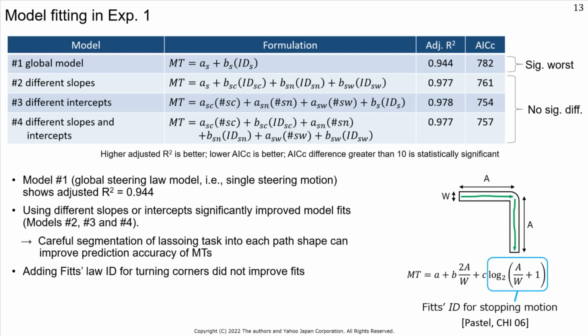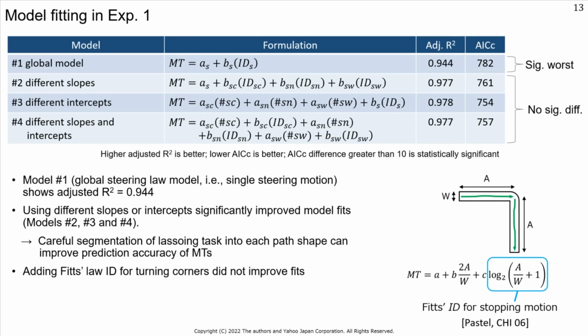This is a comparison of the 4 model candidates. We used adjusted R-squared and AICc values for the indicators of model accuracy. First, the global model of the steering law shows a good fit. The R-squared value is 0.944, but using different slopes or intercepts significantly improved the model fits.